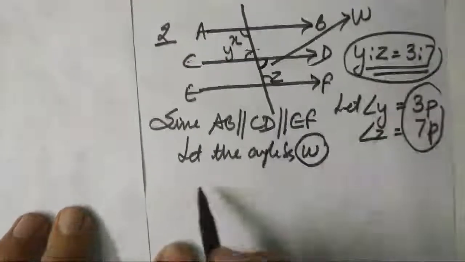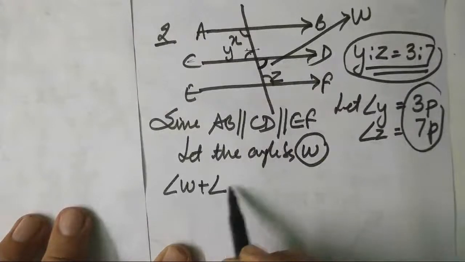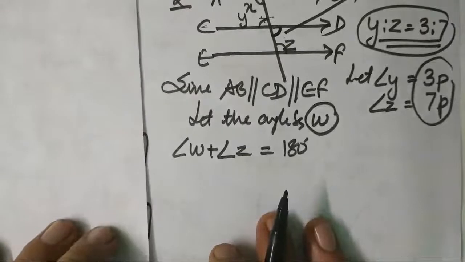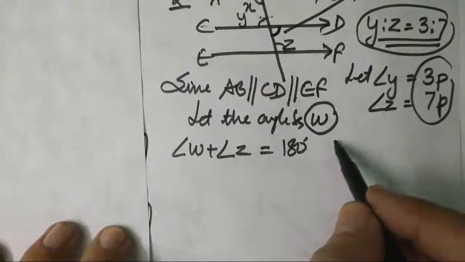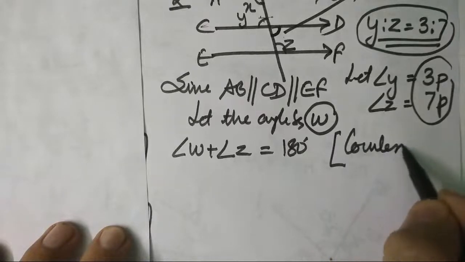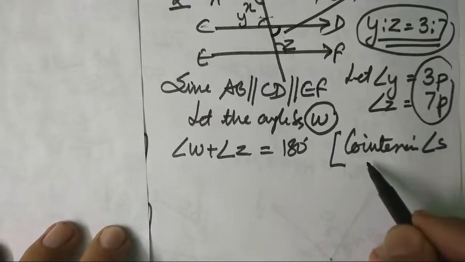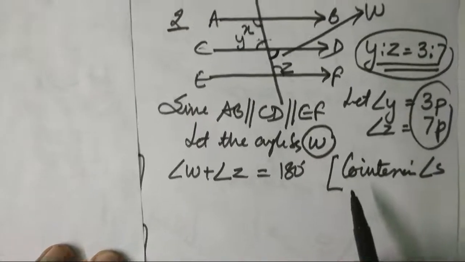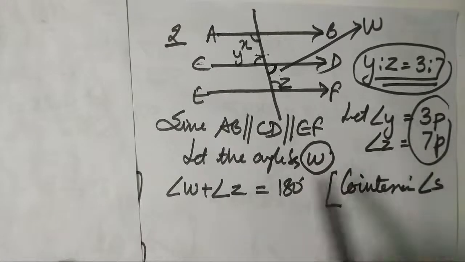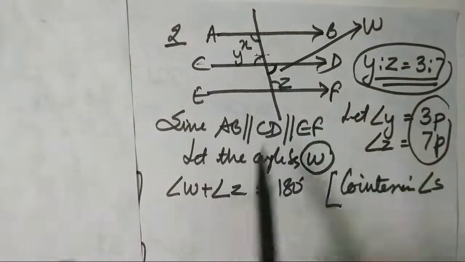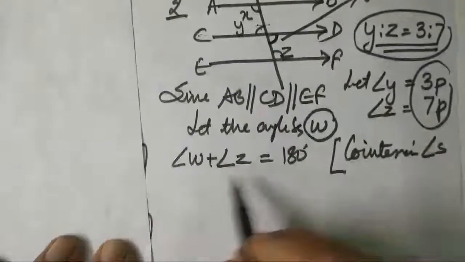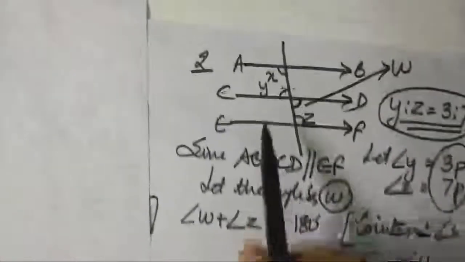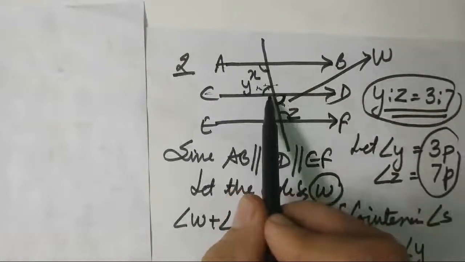So W plus Z will be 180. They will be co-interior angles. Their total is 180 because they are co-interior angles, and co-interior angles are formed between two parallel lines. So this is an important thing. And now angle W, we know that this angle W is equal to angle Y because they are vertically opposite angles.